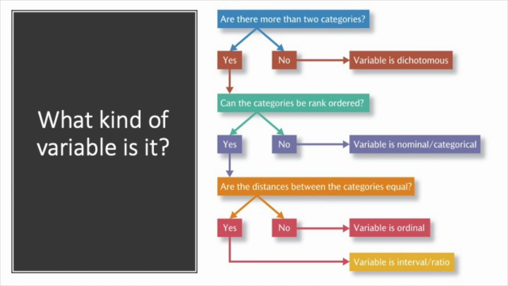Yes or no? If there are more than 2 categories, then we need to go to the next question, right? Are they rank ordered? If there are only 2 categories, then we have a dichotomous variable. Okay, so you can review this and use this as a guide as you try to determine what types of variables you have.